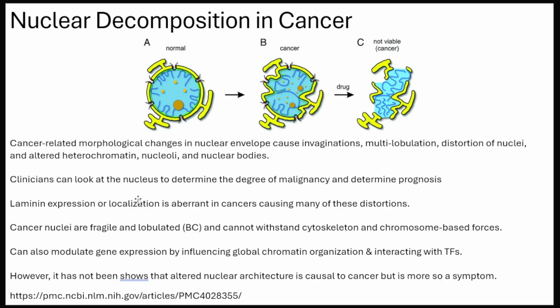So the actual cancer cell is, although very aggressive in proliferation, not as robust as the normal cell in surviving. So in cancer, this isn't a cause of cancer, it's more so a symptom of cancer, and the drug can exploit this fragility to kind of blow up the nucleus, thereby killing the cell.